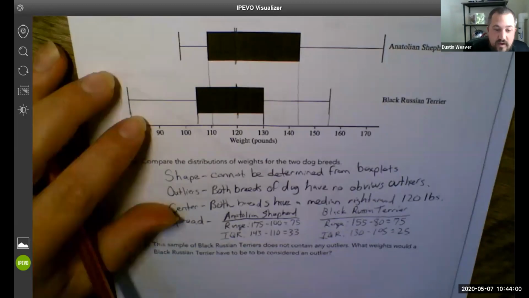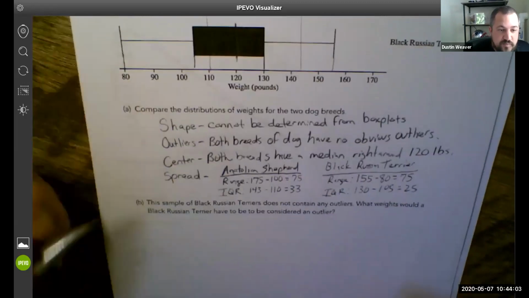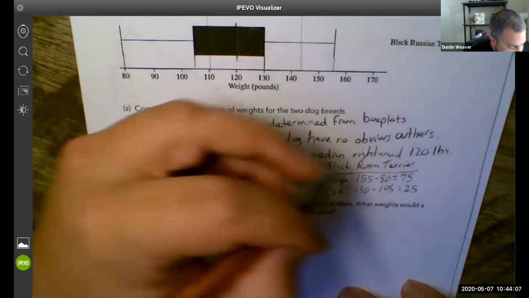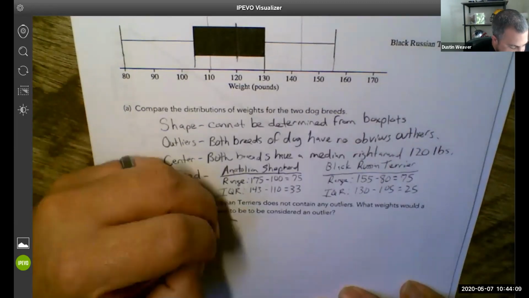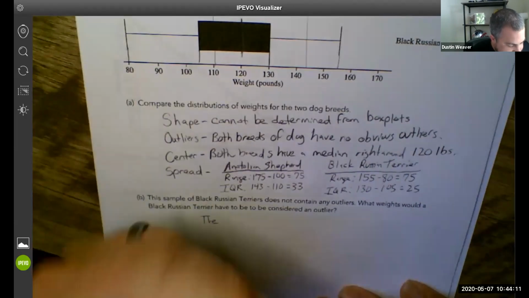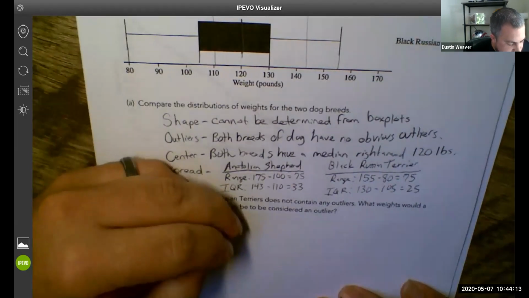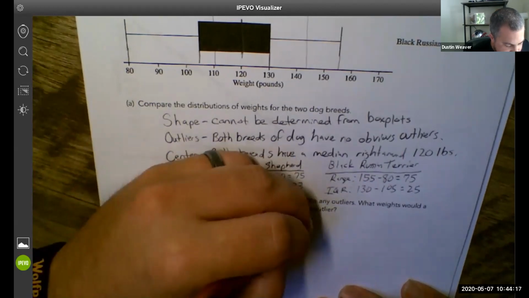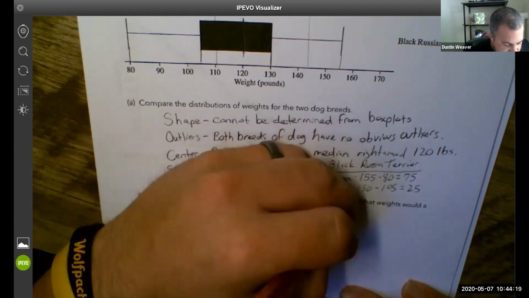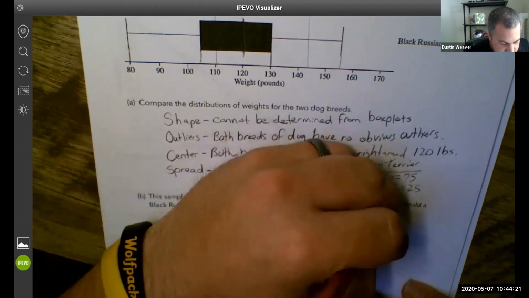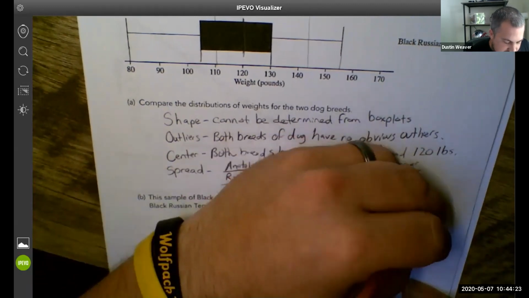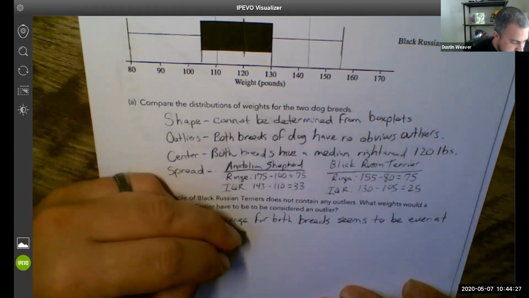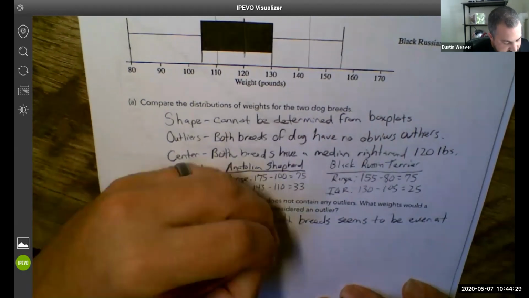Now, we've got to compare these. We can't just write out what they are. So I'm going to continue part A down here, but I'm going to say the range for both breeds seems to be even at approximately 75 pounds.